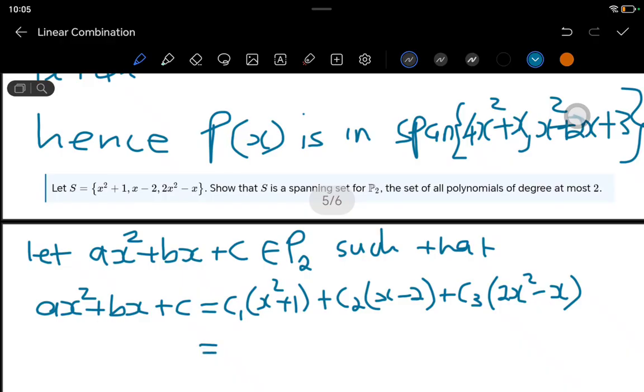And then now I need to solve for this, for the system. You see right now, so I can now do that.